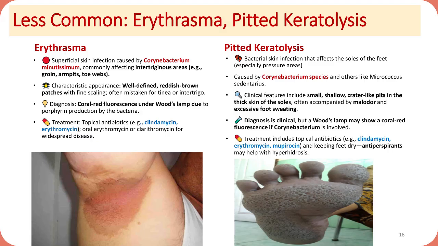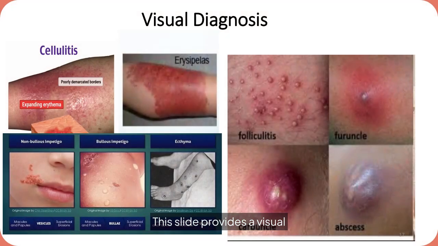This slide provides a visual diagnosis of various bacterial skin infections, including cellulitis, erysipelas, folliculitis, furuncles, carbuncles, and abscesses. It highlights the distinct clinical features of each condition, aiding in accurate identification and differentiation.